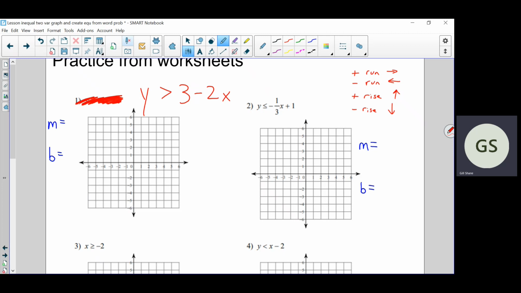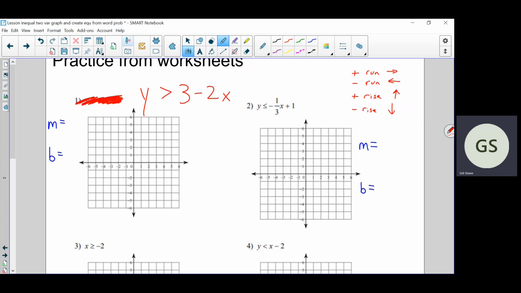Yeah, that's the problem. If you see an inequality, oh, that's another thing, I'm glad you said that. Kind of like the big quiz was, something that just messed this whole thing up. If I don't tell you whether or not you need to shade, you need to be able to figure that out. Am I going to have to shade after I create a line? Well, that's based on the symbol.